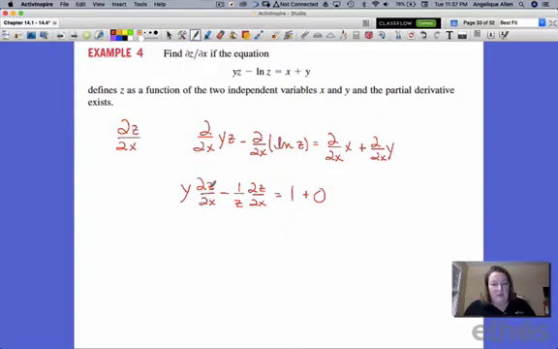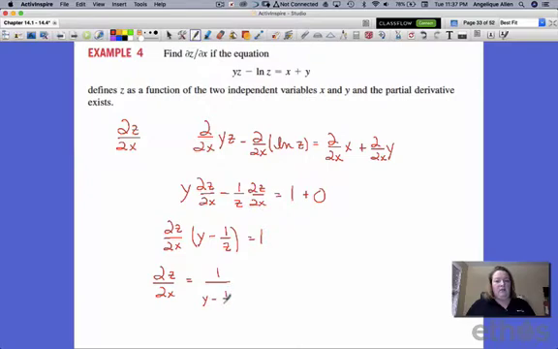And now we see we can actually solve for dz/dx. If we factor on the left, dz/dx times (y minus 1 over z) equals 1. So now we're going to get dz/dx equals 1 over (y minus 1 over z). Please do not leave a fraction in a fraction, ever.